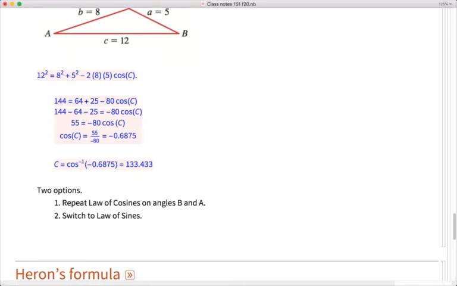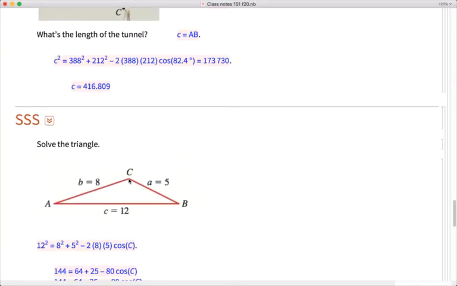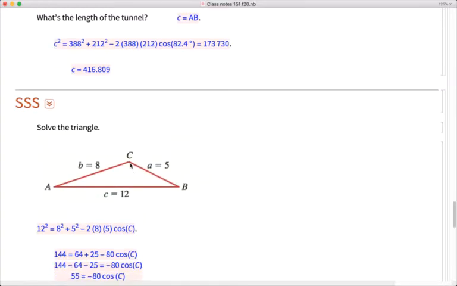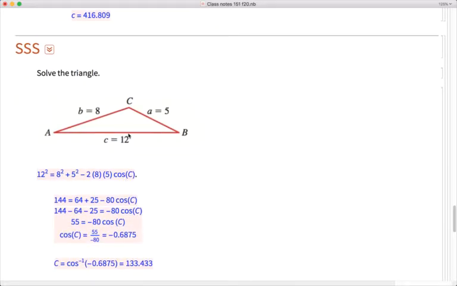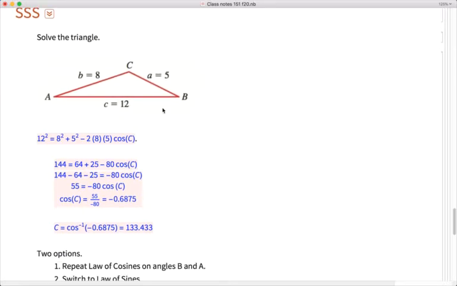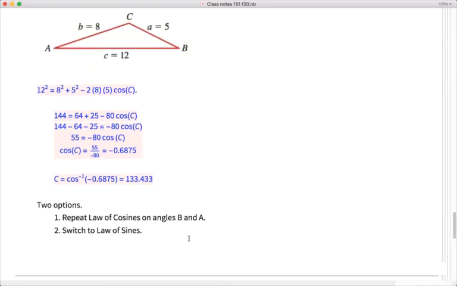Generally speaking, I find it easier to switch over to law of sines. Because we now know the angle at C, we can use law of sines to get the remaining two angles. Okay, so if you remember, the sine of C divided by 12 will equal the sine of B divided by 8. Right, so we can write that out.